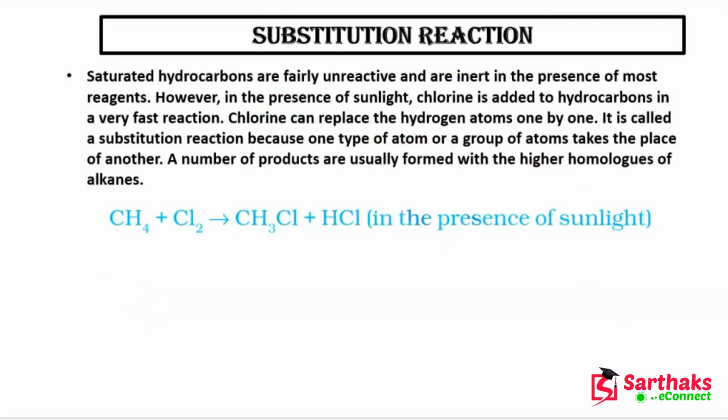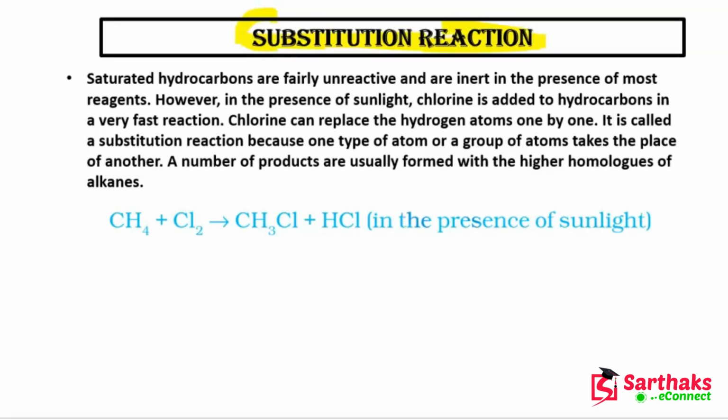Here on this slide we will talk about the substitution reaction. Generally, saturated hydrocarbons do not react, because this is CH4, methane, so it will not react easily. But what will happen in the presence of sunlight?